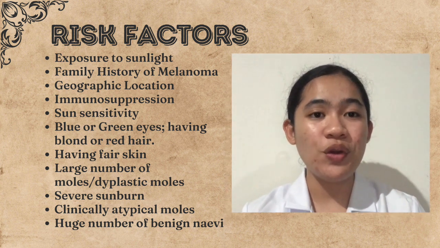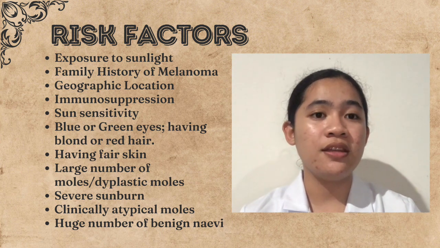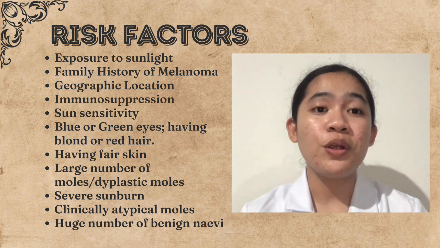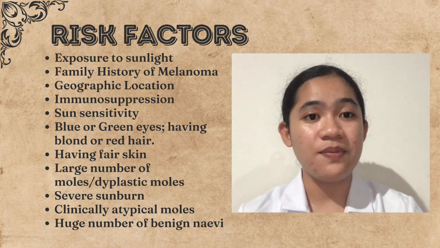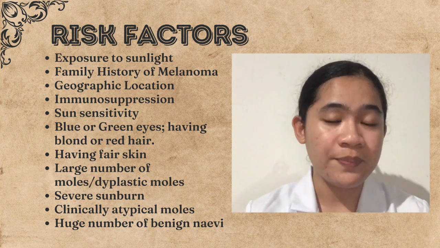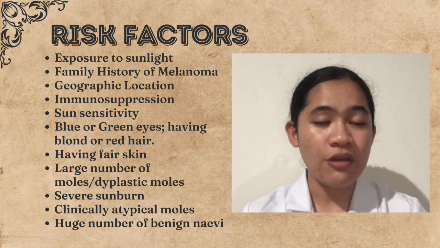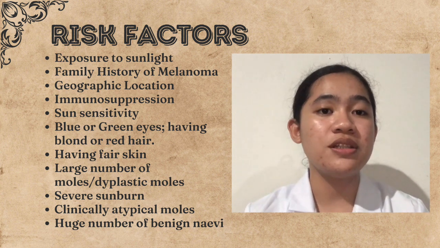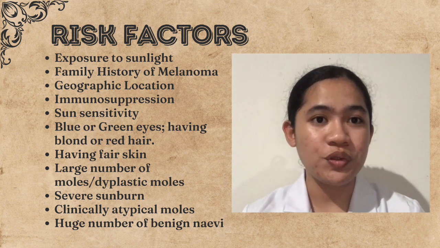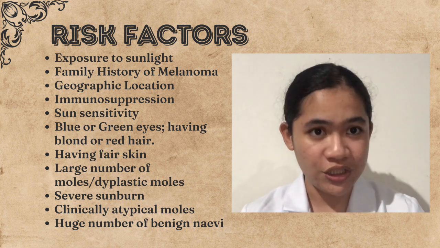Next is geographic location. Individuals who live in countries or places near the equator or tropical countries like the Philippines are at higher risk of having malignant melanoma. Why? Because these countries experience long periods of bright sunlight and are more exposed to higher degrees of ultraviolet radiation.